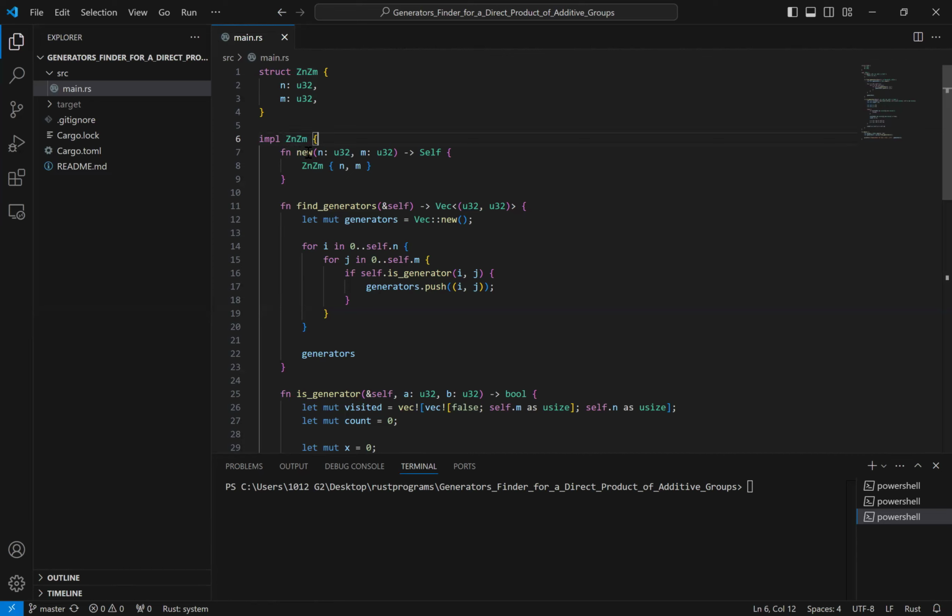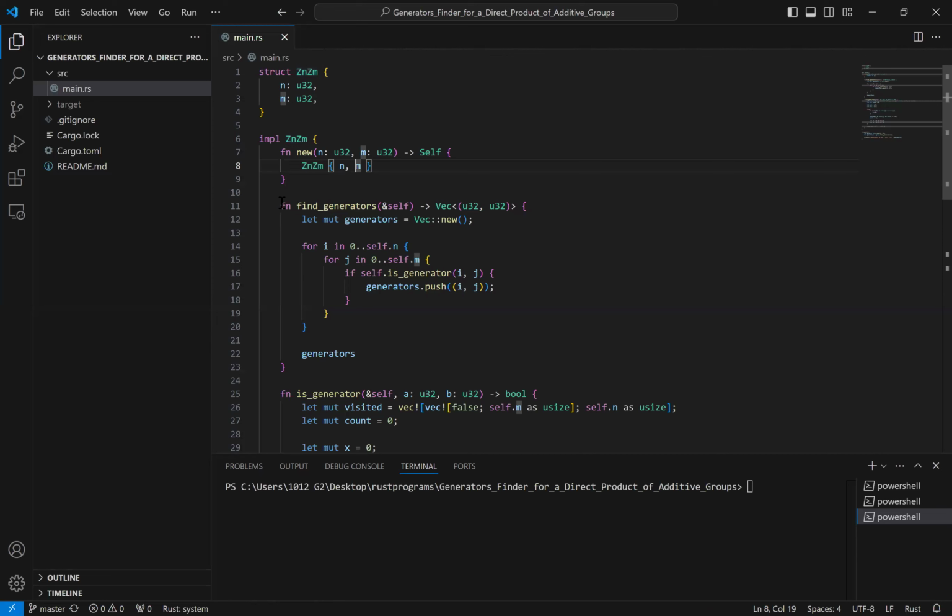Then I have this function. Of course, I have n and m, and once it gets n and m, it gives me the direct product with, so this is what it gives, Zn and Zm. But now I'll explain how it's working.